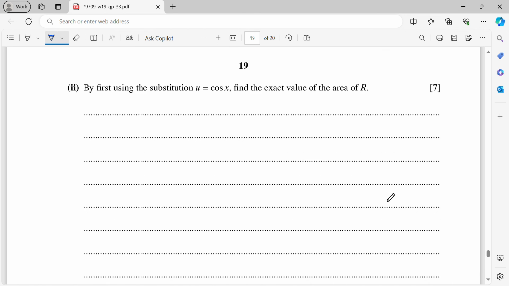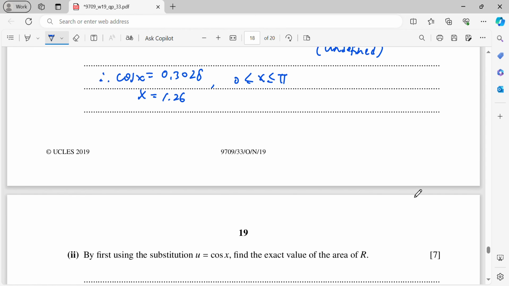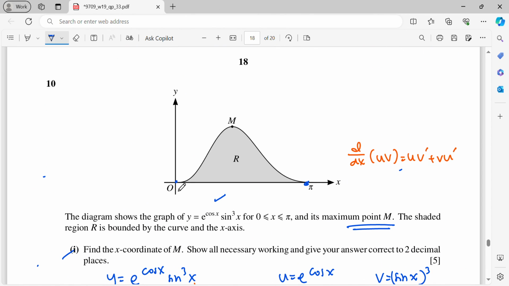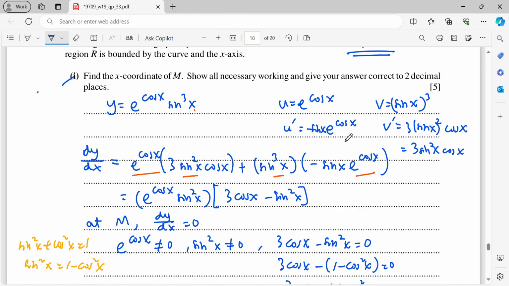Now part B, part 2. By first using the substitution u equals cos x, give the exact value of the area of R. Now to solve this question, the area of R, look at the graph, it is defined from 0 to pi, and then we need to integrate.